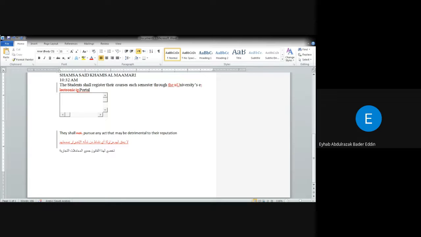This is just one way. Or we can say that they may not practice any work that would harm their reputation. Okay? Clear?